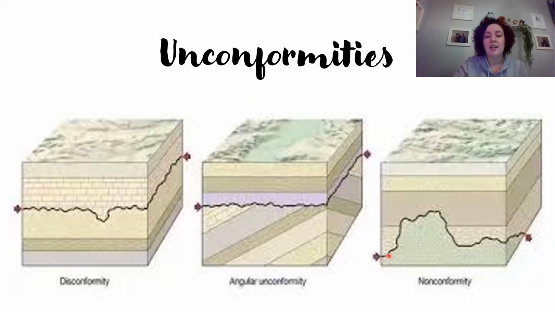And then finally, this is an old volcano. It has since gone extinct or dormant, whatever. It's no longer producing magma. So it's just kind of there. And now these sediments are filling in around it to cover it up. That is your nonconformity. Okay? Hopefully that all makes more sense now. Or is it clear as mud?